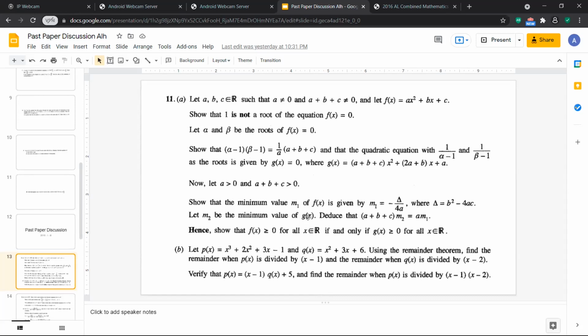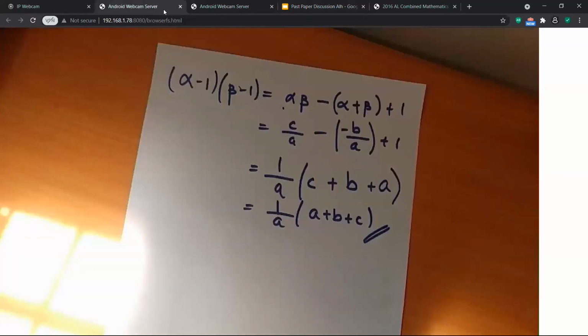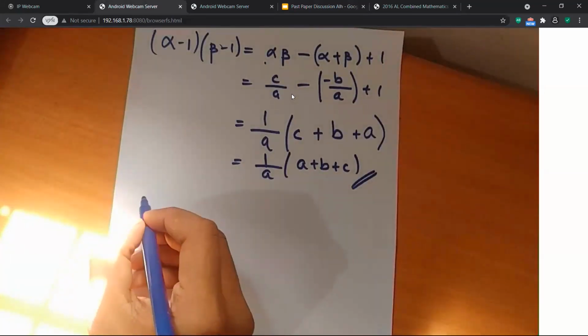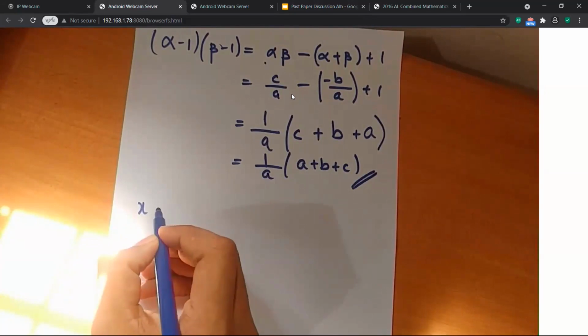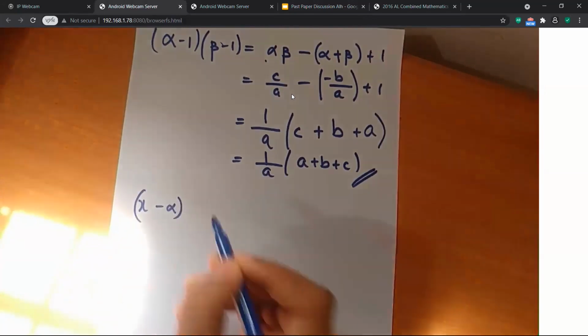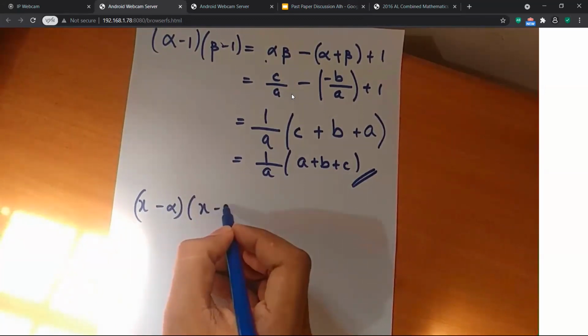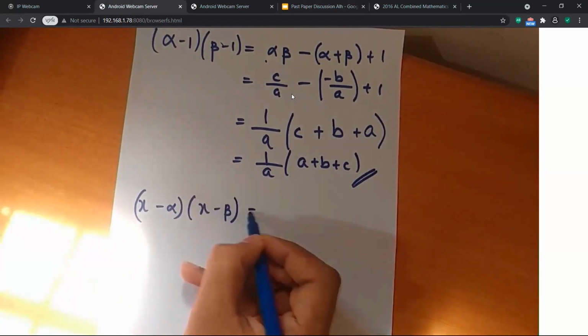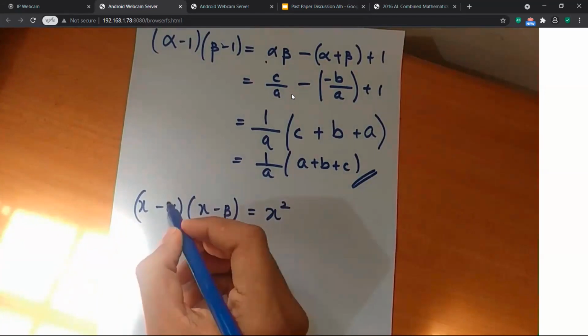Okay, so we go back. What is the equation where the roots are alpha and beta? It is (x minus alpha)(x minus beta) equal to 0. So the roots of this are alpha and beta.